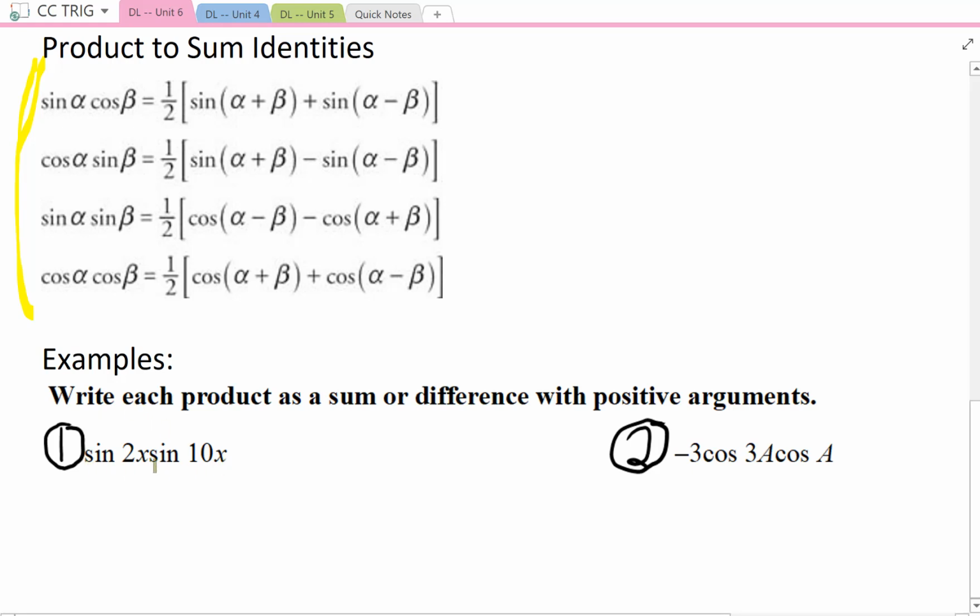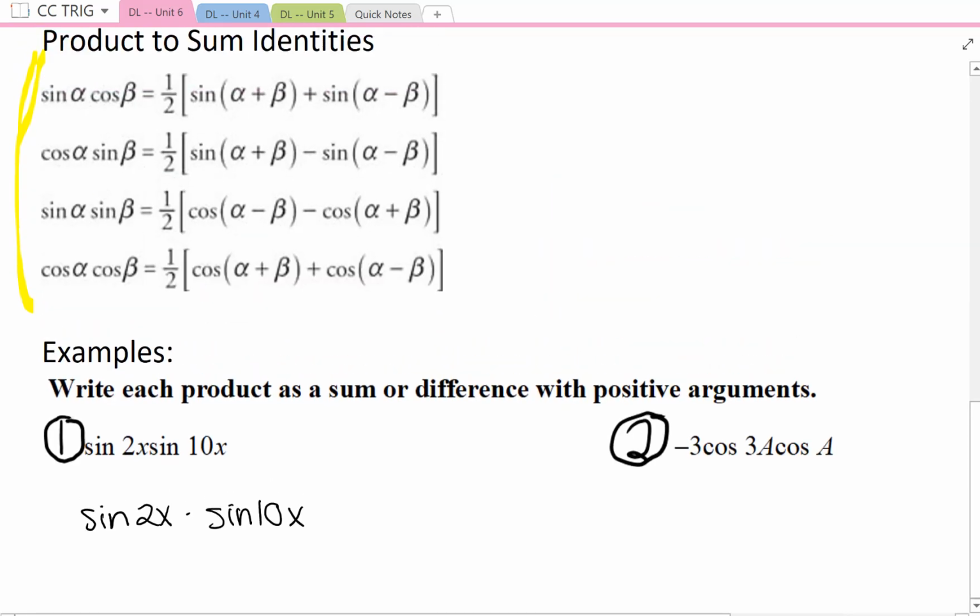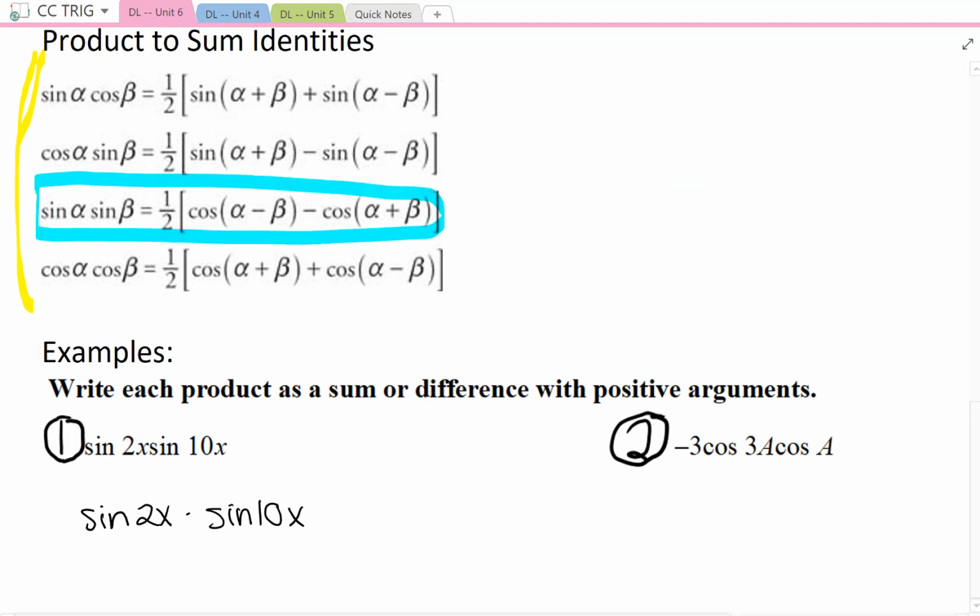Our first example is sine 2x times sine 10x. Which formula involves sine times sine? That would be this one. Assign alpha and beta, so I'm going to call the first angle alpha and the second angle beta.